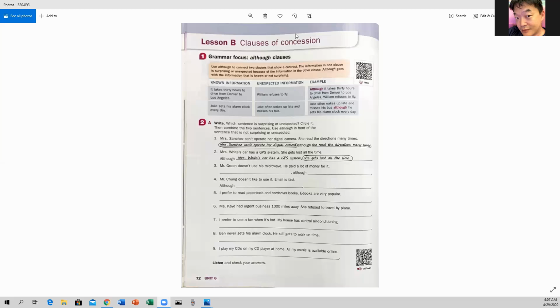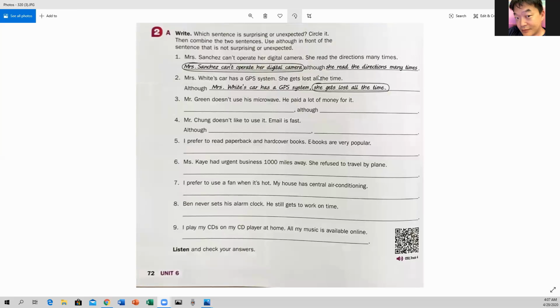Okay, so we are on page 72. We are going to do exercise 2A. You can pause now if you want to do it by yourself and then come back for the correction, or just follow along and let's do this exercise together.